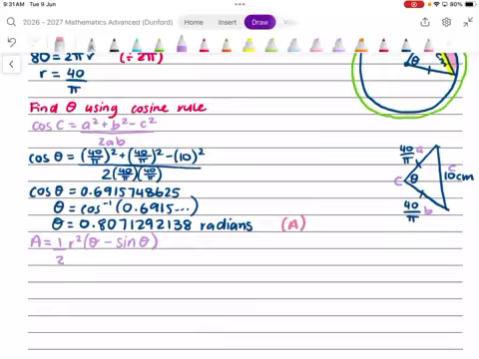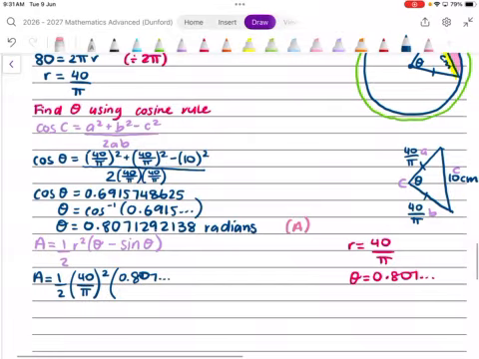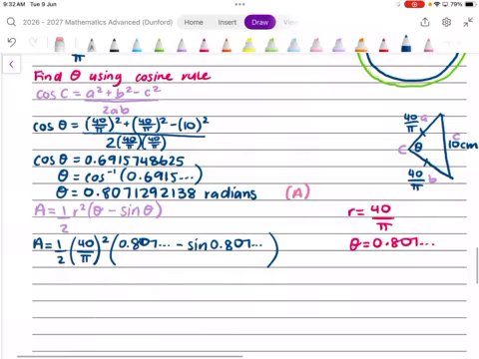And we have that our radius that we're using is our 40 on pi, and our angle is our 0.807... So what we will have is A equals a half lots of 40 on pi squared, lots of 0.807... minus sine 0.807... Okay, lucky for us, we get to do this correct to 2 decimal places.